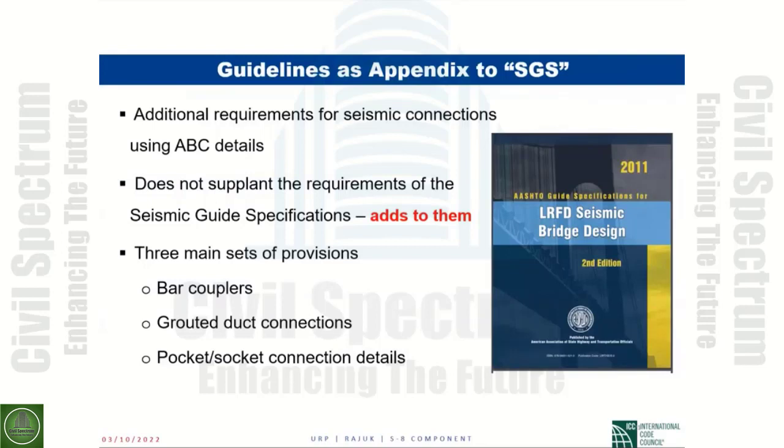It's a displacement-based design guideline that Professor Itani referred to, but the idea was, rather than developing everything from scratch and repeating a lot of the material from the LRFD seismic design guidelines, we are going to have additional material that will allow an engineer to integrate with these existing guidelines. The provisions that we have developed are about bar couplers, the grouted duct connections, as well as pocket connections.